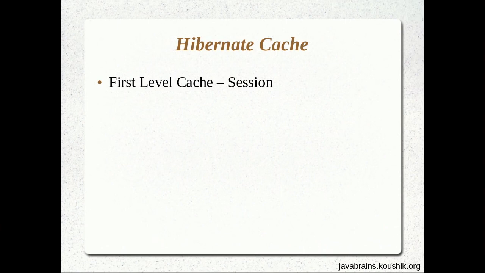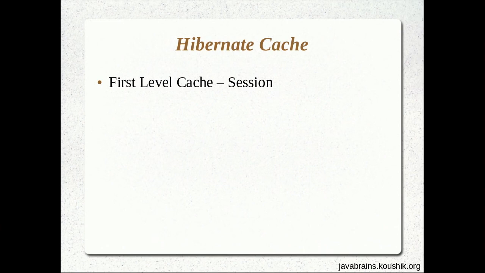So we've already seen that when you update an object that's in a persistent state, and you update it again, it does not necessarily result in two different update queries. Hibernate intelligently detects what is the minimum number of queries that need to be run, and based on that it triggers the update query.